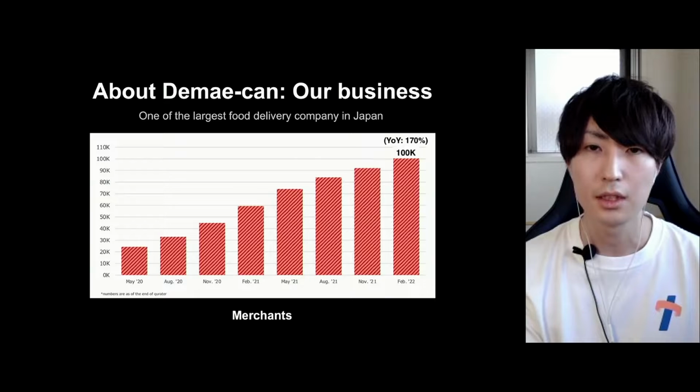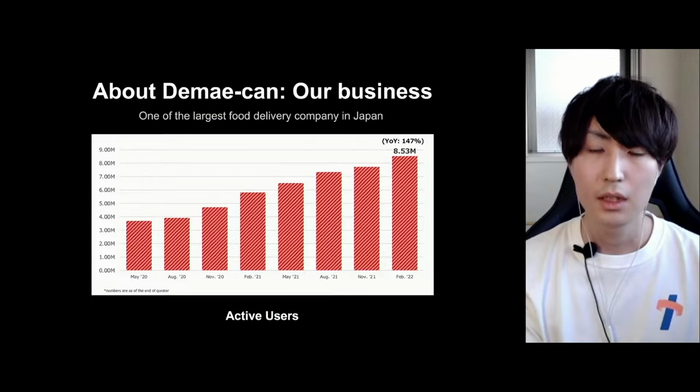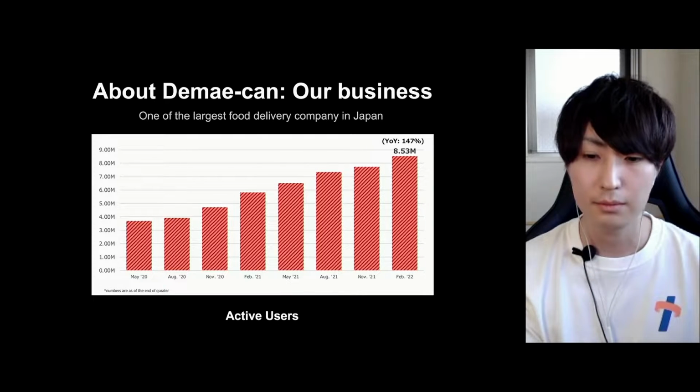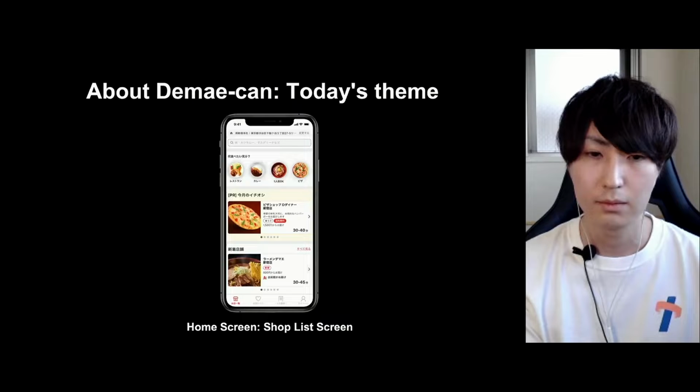Currently, the number of member shops of Demaecan is approximately 100,000, an increase of 1.7 times compared to the previous year. The number of active users is over 8.53 million, and it's quickly growing, 147% of the previous year.